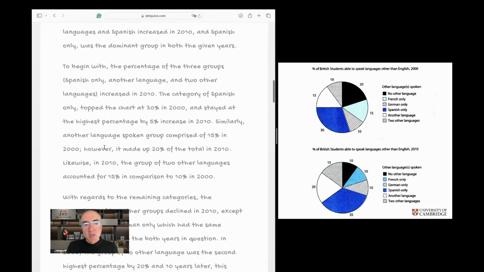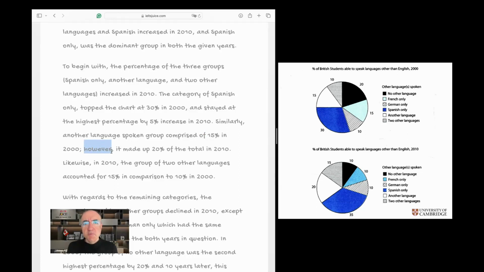Similarly, another language spoken group comprised 15% in 2000. We don't need this. However, it made up 20% of the total in 2010. Why do we use "however" here?